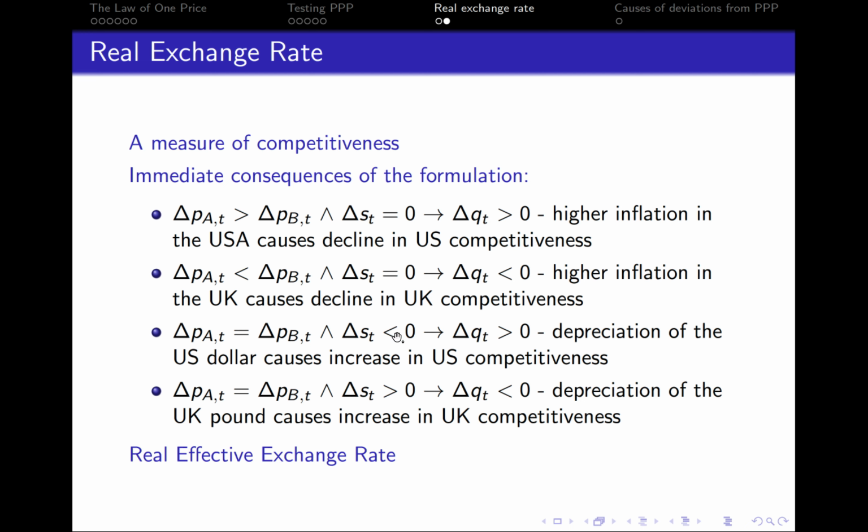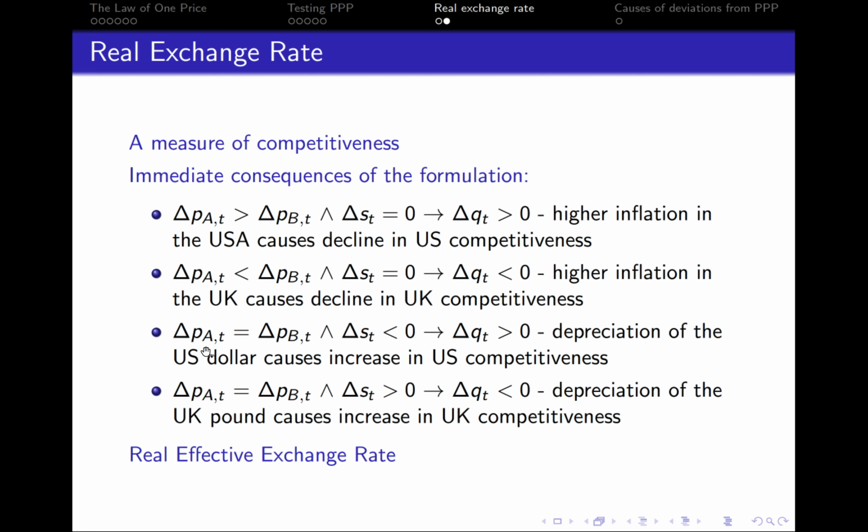So what we see over here is that even though prices are staying the same, if you're a person that lives in Britain, you're going to take exactly the same amount of pounds. You can buy more goods in the United States. So the competitiveness of the US economy has increased.